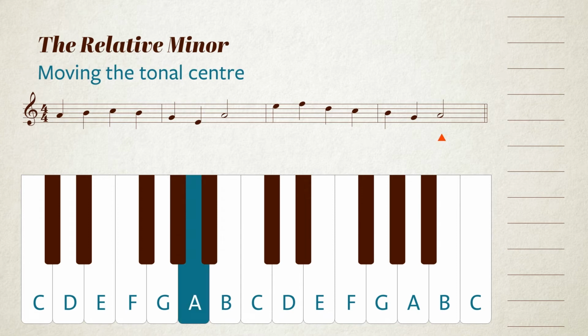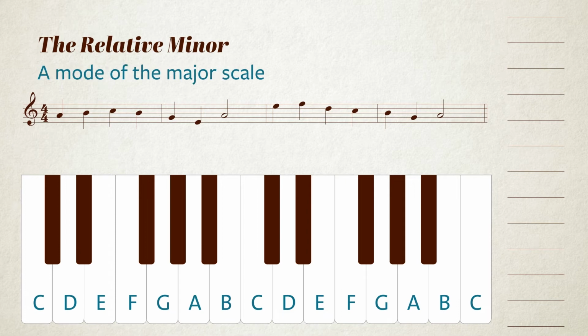You can also hear how a melody that centres on the sixth note of the major scale has a different character from a major melody, as though there's a change of mood. In fact, we use a word that shares its origins with the word mood. We say we are playing on a mode of the major scale. This mode creates what is known as a minor scale.